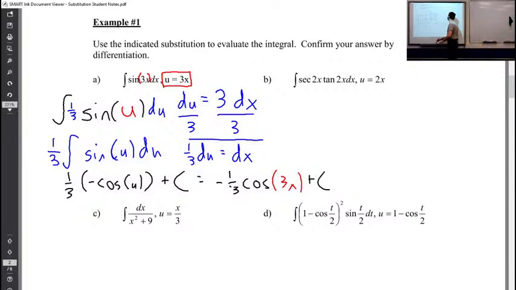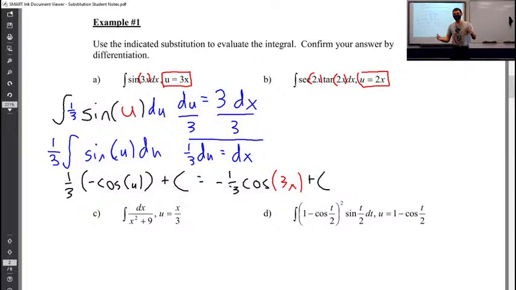It tells us that u is 2x. How would I know to make u 2x? Because 2x is happening inside of other functions. In this case, it's happening inside of both secant and tangent of 2x. So instead of having to think about undoing that 2x and that chain rule, let's do that separately from taking the antiderivative.